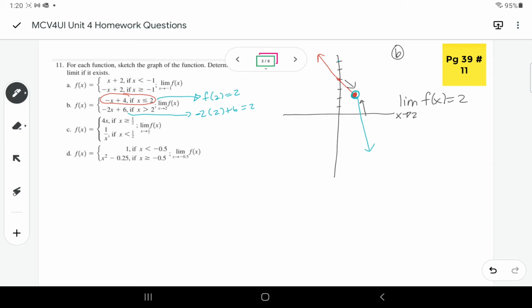Because if you go along the red path, the red line going close to there, and the blue line, they're both getting closer and closer to the same value. So if both of them didn't have an equal sign, like if that first one, okay, so we can figure out maybe one that's not.